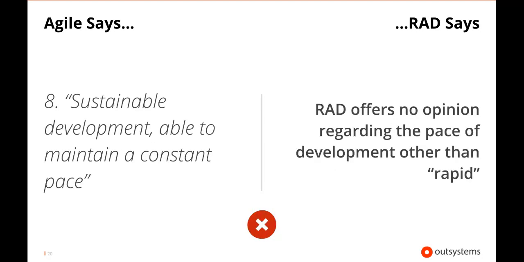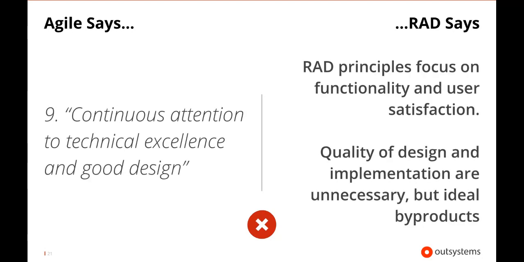Sustainable development, able to maintain a constant pace. And RAD doesn't necessarily argue that a constant pace must be maintained. It's mostly about speed. Go fast, go faster. Whether or not that's constant or accelerating, I believe that's irrelevant. RAD is not as specific on that.